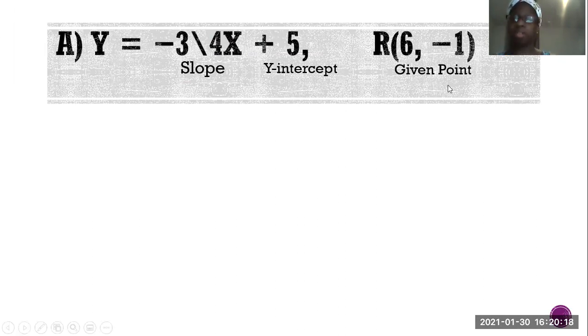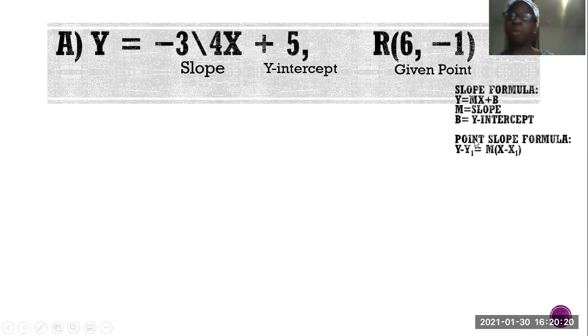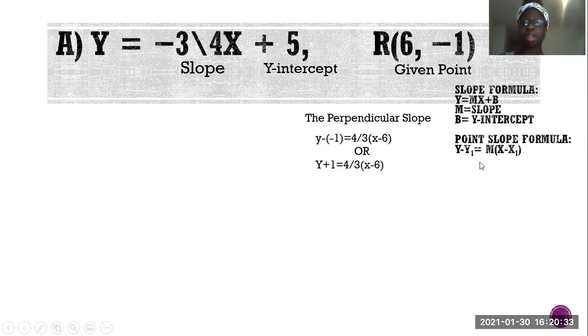So now we have to solve with the point formula, which is y minus y1 equals m, which is our slope, times x minus x1. So our perpendicular form, we'll plug it in. Oops, sorry, I went ahead of myself. So let's just plug in. Our y is our -1, which would be y minus -1. Of course, this will simplify to +1 because two negatives make a positive.